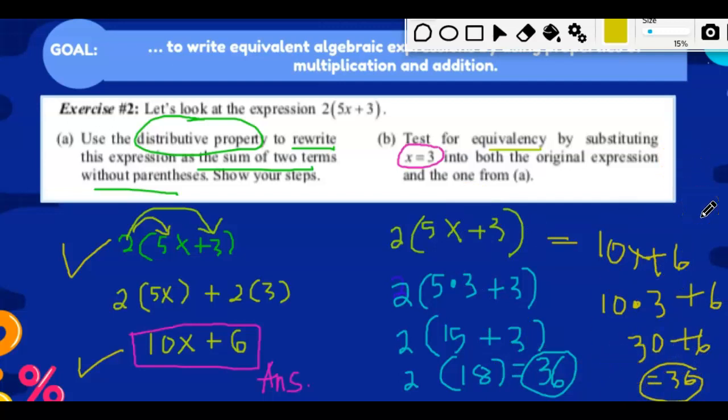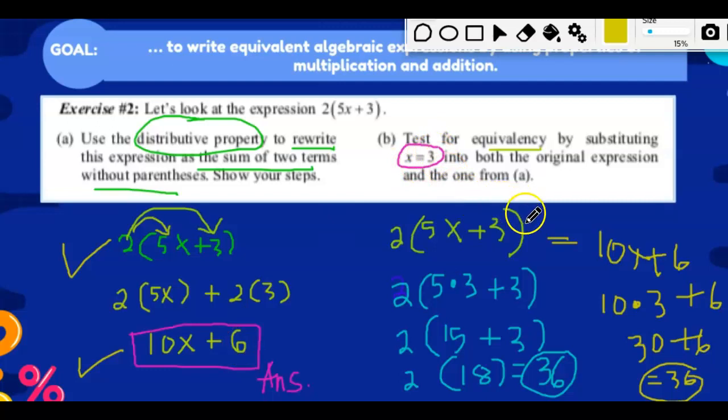But then how do we get 36 on this one? No, for problem A, we're just creating two equivalent expressions. Like, is 2 times (5x plus 3) equal to 10x plus 6? We want to prove that by substituting the value.